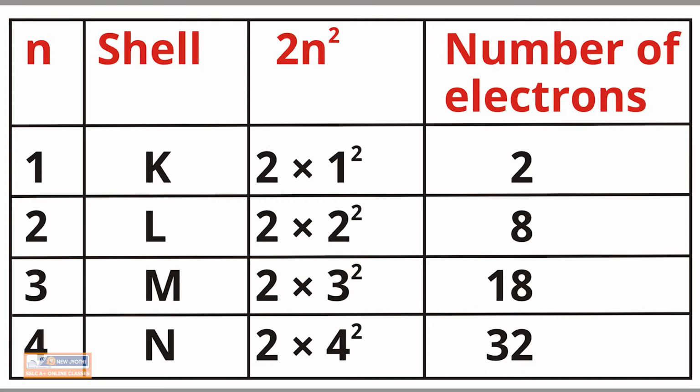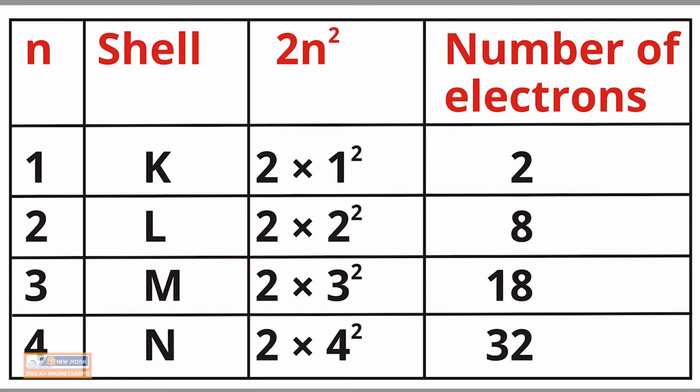The maximum capacity of that shell is 2 into 1 squared, that is 2. The second shell, L shell, can contain 2 into 2 squared, that is 8 electrons.